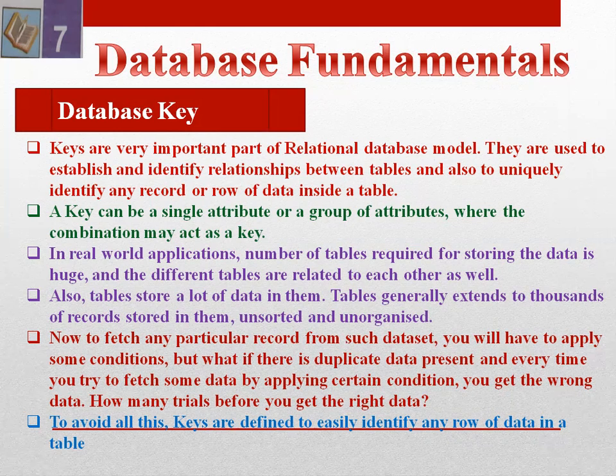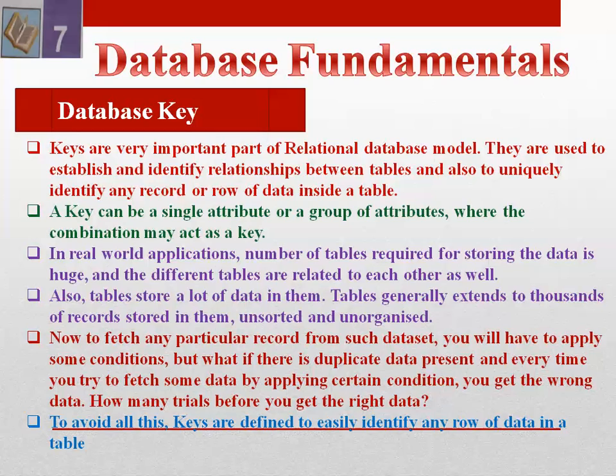To fetch any particular record from such a data set, you will have to apply some condition. But what if there is duplicate data present, and every time you try to fetch some data by applying a certain condition, you get the wrong data? How many trials before you get the right data? To avoid all this, keys are defined to easily identify any row of data in a table.